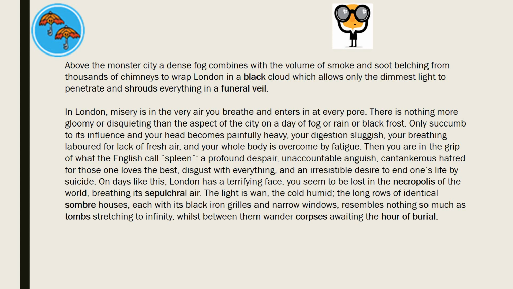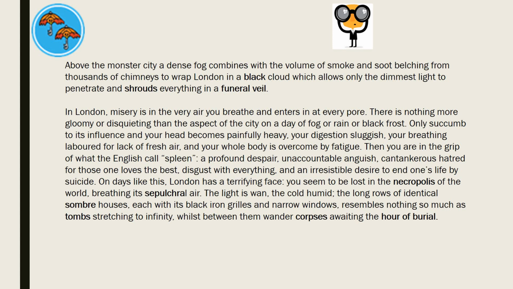Here we're going to spot some metaphors, and there is this extended metaphor of London being the necropolis of the world. It is the pit of despair. When you visit London, you become lost in the necropolis of the world. Breathing in its sepulchral air, it's like you are within a tomb surrounded by the death of the undead.